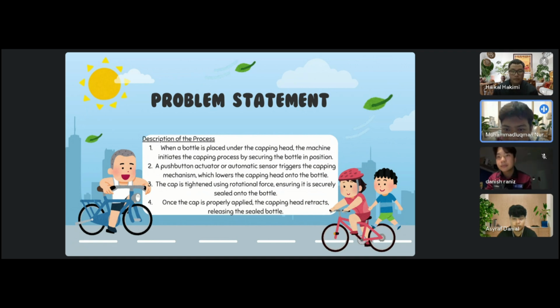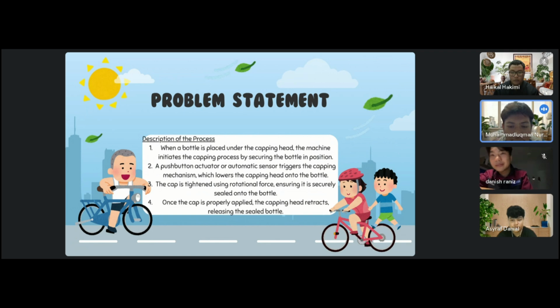The third step is the cap is tightened using rotational force, ensuring it is securely sealed onto the bottle. Once the capping head is properly positioned on the bottle, the machine applies rotational force to tighten the cap. This rotational movement is typically driven by motors or a pneumatic system within the capping mechanism.